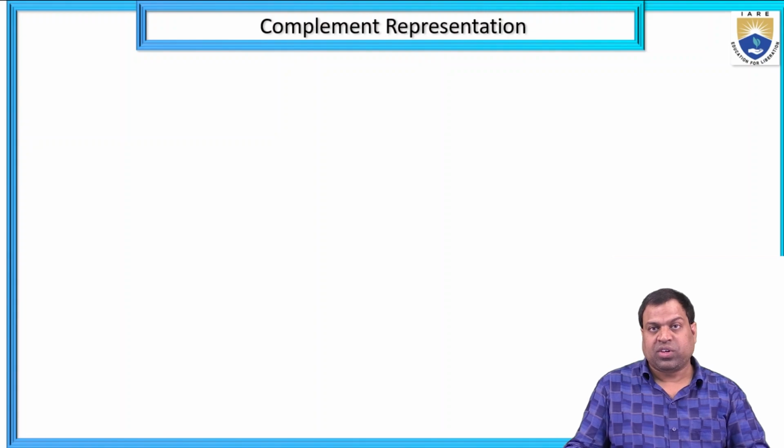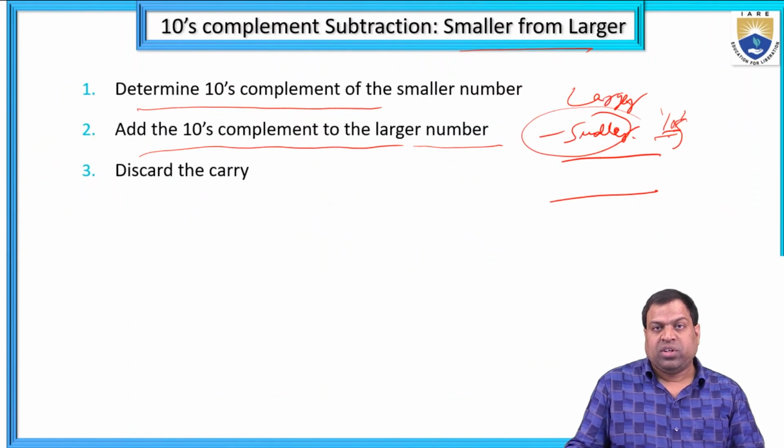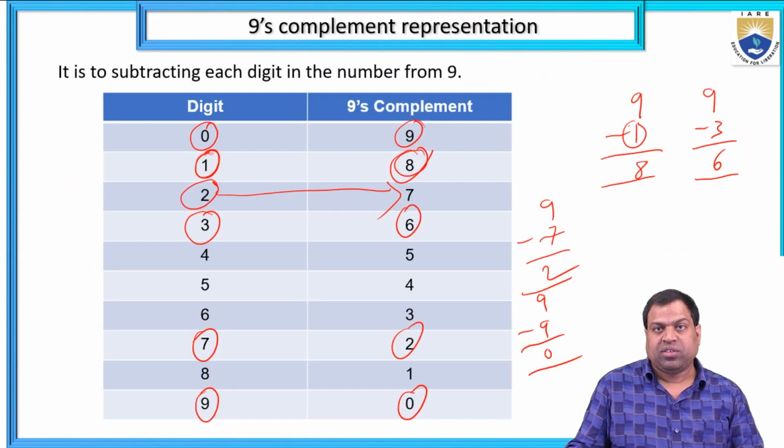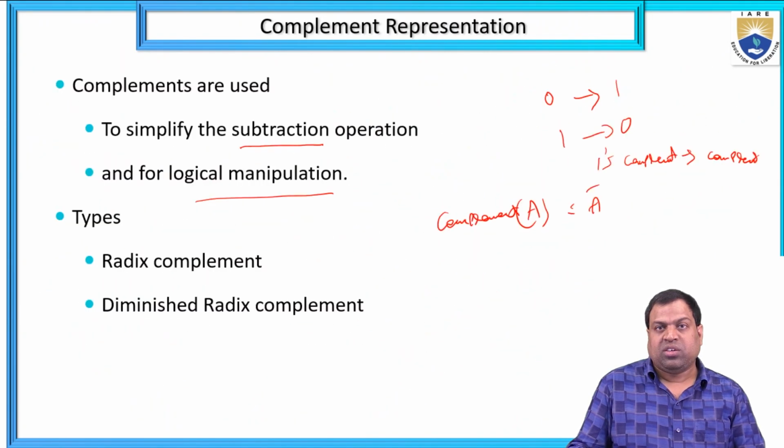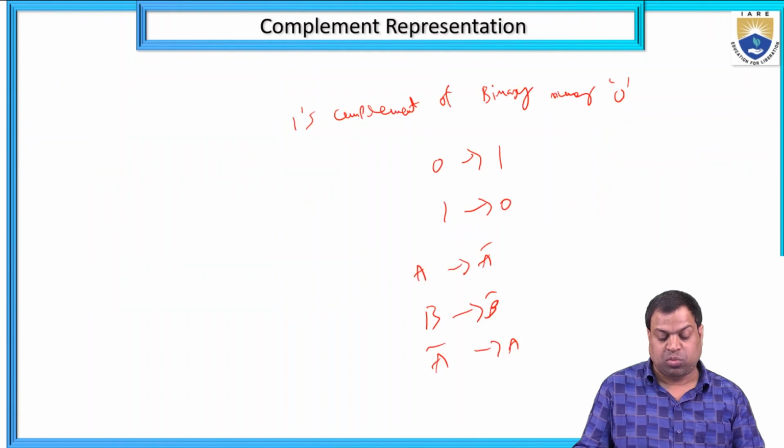These are the references. In today's discussion we covered what complement representation is. Complements are used for subtraction operations and logical manipulation. What are the types of complements? Radix complement and diminished radix complement.